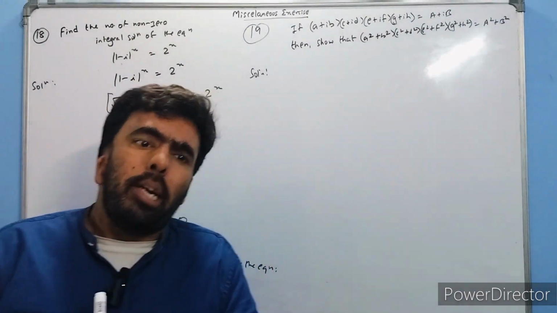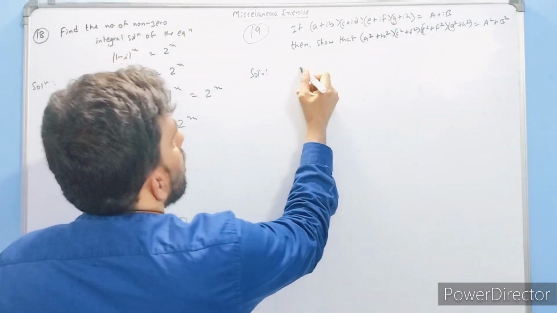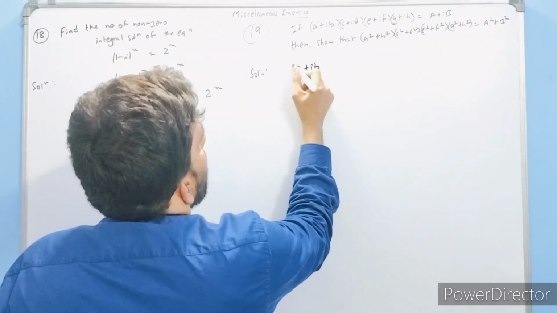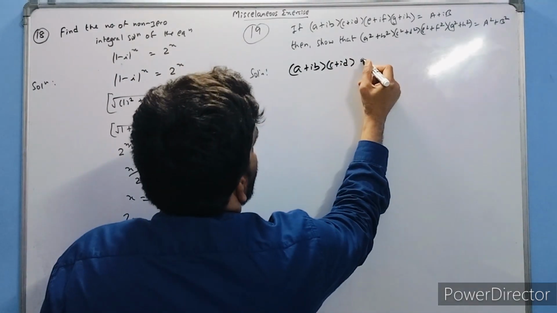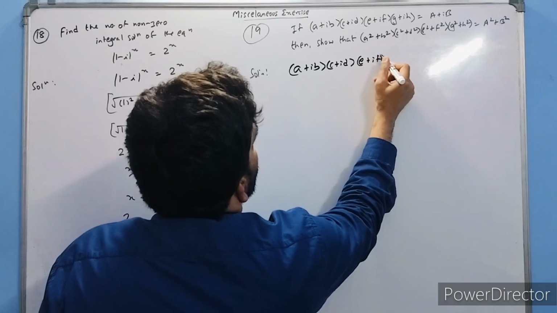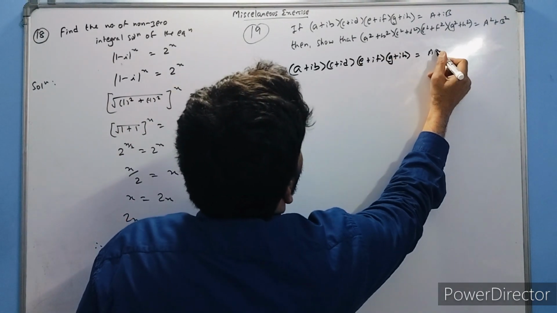So let us try to solve this. Now let us see how we can do this: (a + ib)(c + id)(e + if)(g + ih) = A + iB.